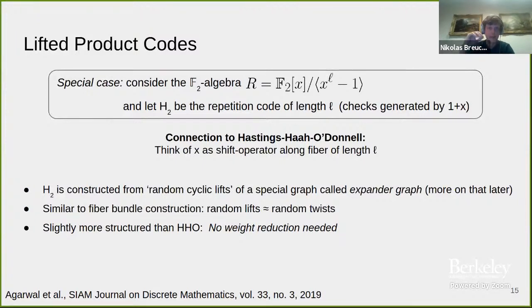And a result that they use is that we can perform random cyclic lifts. This is a result by Agarwal and others. And by doing so, we can still preserve the expansion properties of this graph.